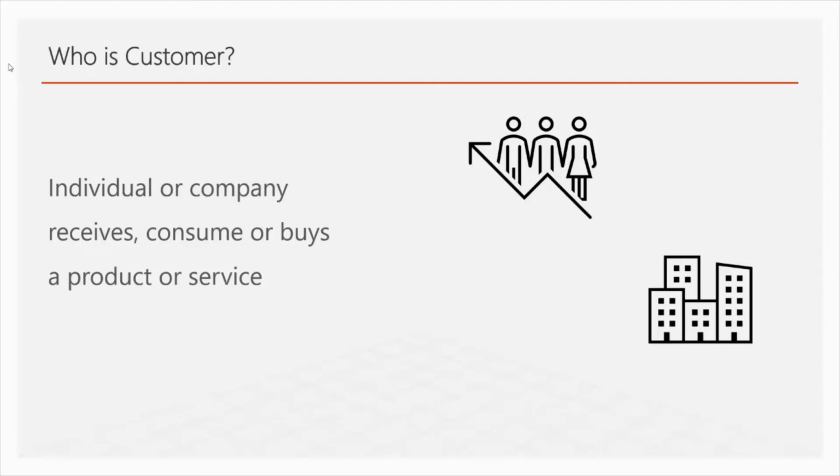A customer is an individual or company who receives, consumes, or buys a product or service from the seller. There are two entities, one is a seller and one is a buyer. So the seller can also be a customer and the buyer is also a customer.